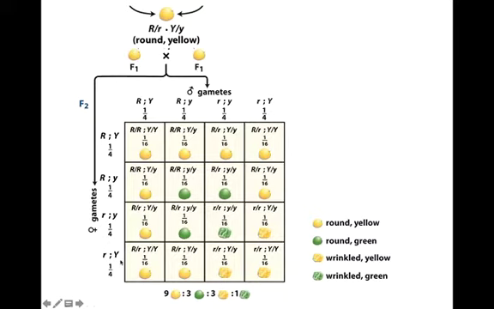Now you inherit a big R allele and a big Y allele, and you're a double heterozygote. So that again produces the round yellow. Same logic applies over here. Big R, little r, big Y. Again, you are a double heterozygote, round and yellow. So that's the 7, 8, and 9 ways in which you can have a round yellow phenotype.